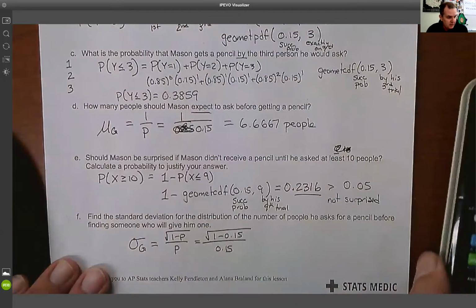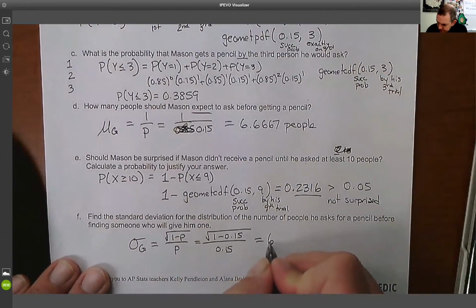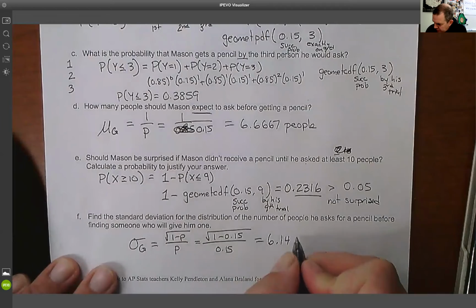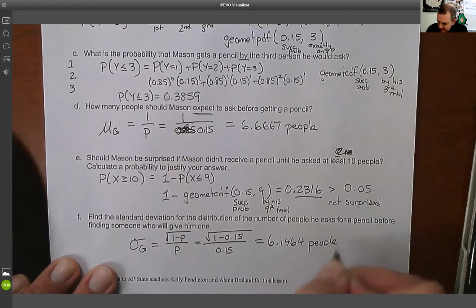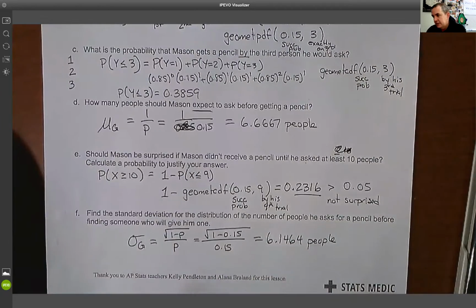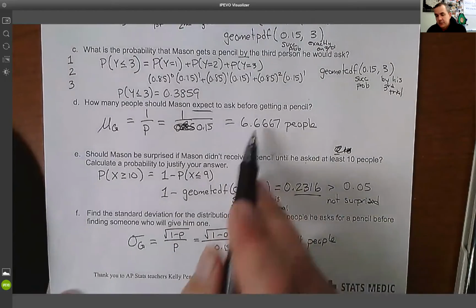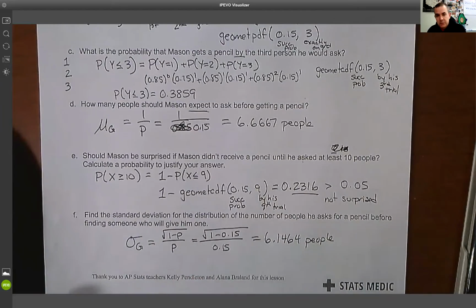That tells me 1.464 people. So again, this just says there's quite a bit of variability. He's going to need to speak to a little more than 6 people on average to get his first yes on a pencil, but that variability is pretty high. You could get lucky and get the first one, or it could take quite a bit.